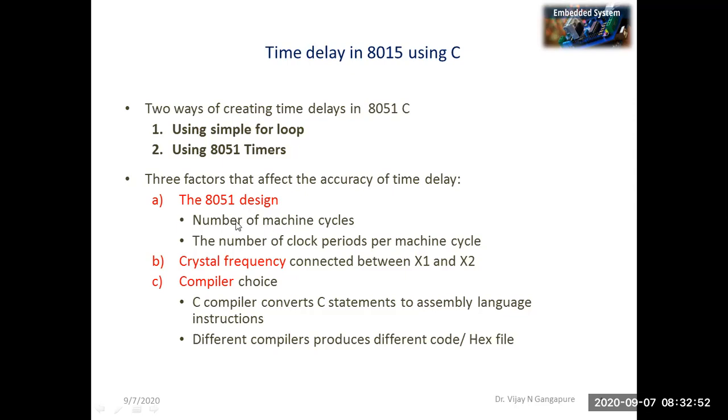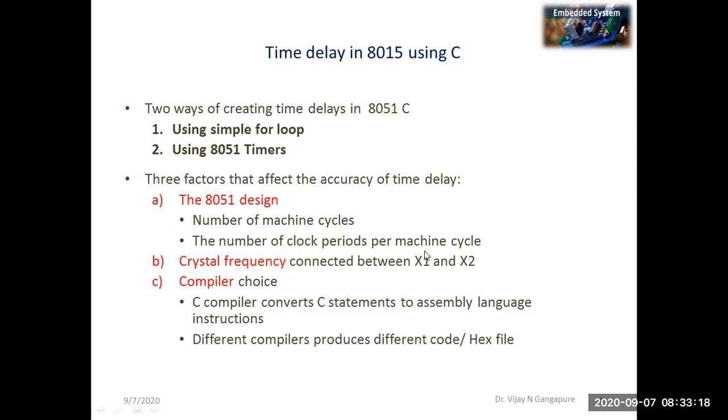So the time delay offered by the time delay program you have written will be affected by the number of machine cycles required by each instruction to complete its execution. The second factor is the number of clock periods per machine cycle.